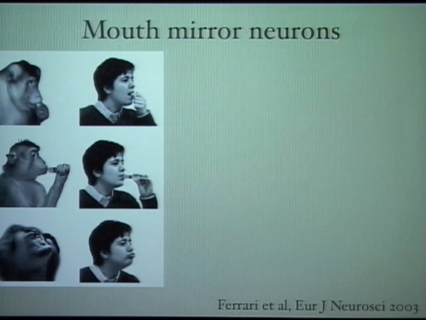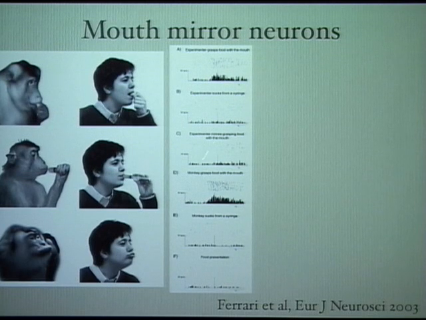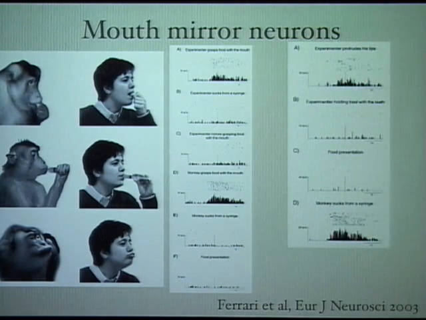So the two main categories of actions were ingestive actions and communicative actions. Again, this is lip smacking, which is a facial gesture of positive valence in the monkey world. And there are mirror neurons for both types of action. This is a cell that fires when the experimenter bites the banana and when the monkey also bites the banana. This is another unit that fires when the monkey sucks from the syringe and when the experimenter makes this lip smacking action.